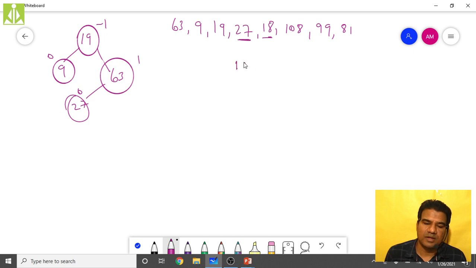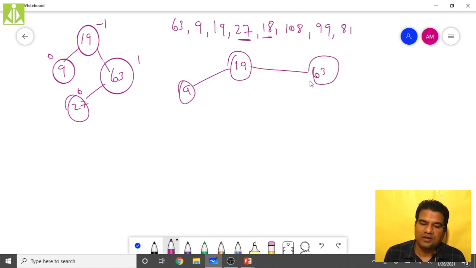So 19 will come over here, 9 will go over here, then we have 63 over here, then we have 27 like this. Inserting 18, comparing with 19, it is smaller, moving in this direction, comparing with 9, it is greater, so right side, so like this it will come.